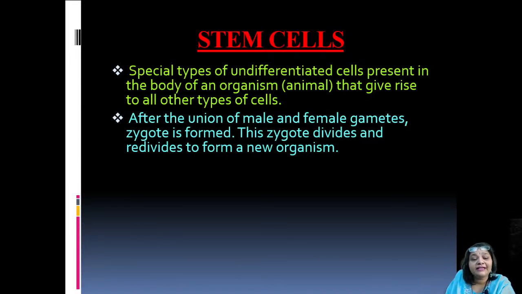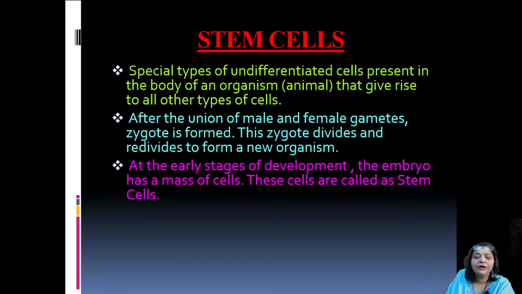Of course, it is the next generation of the parents. Now, when this zygote divides and redivides by the mitotic process, it produces a group of cells during the early stages of development. We call this resultant product the embryo.